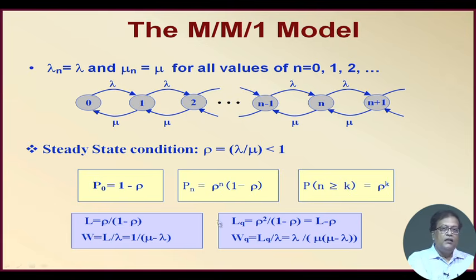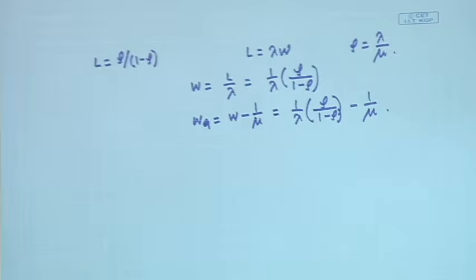Look at the slide here: you can see L equal to rho by 1 minus rho, LQ coming out to be rho square by 1 minus rho, or in simple terms L minus rho, and W equal to L by lambda, that is 1 by mu minus lambda, and WQ is LQ by lambda, that is lambda by mu into mu minus lambda. But anyhow, all these are not required, we can do some simple calculations once the formula is known. One very important interpretation is required here.